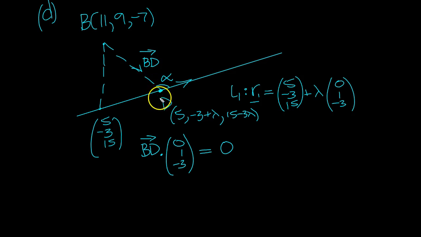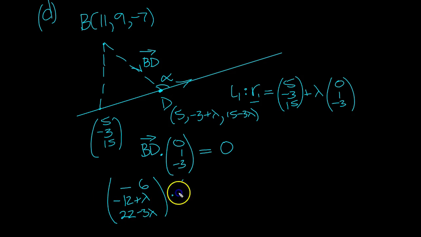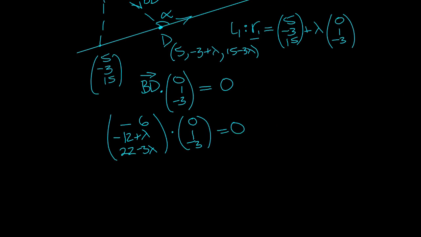So BD then has the coordinates 5 minus 11 is minus 6, minus 3 minus 9 is minus 12 plus lambda, and then 15 minus 7 is 22 minus 3 lambda. So that dot 0, 1, minus 3 must equal 0, and that will give the value of lambda.